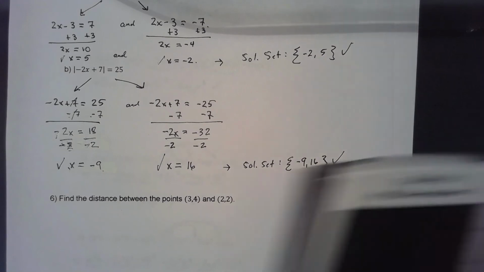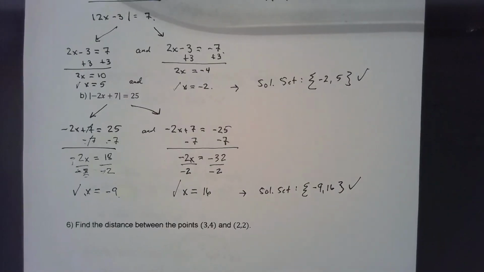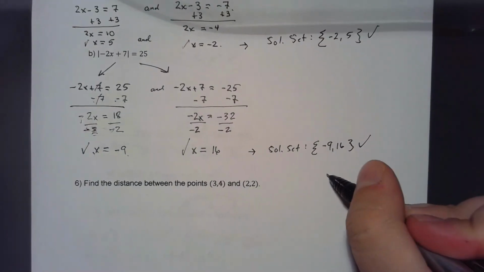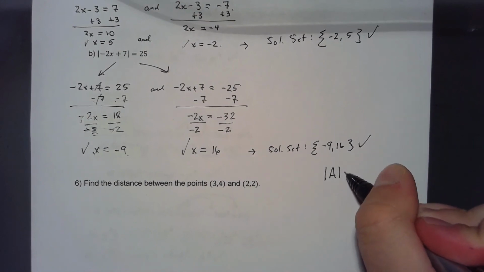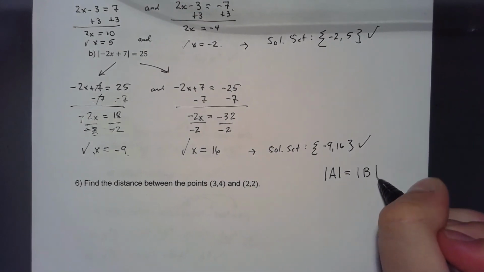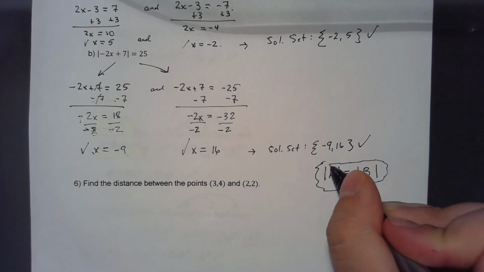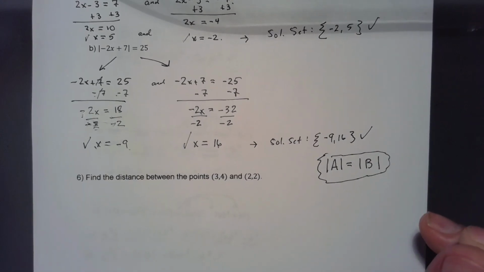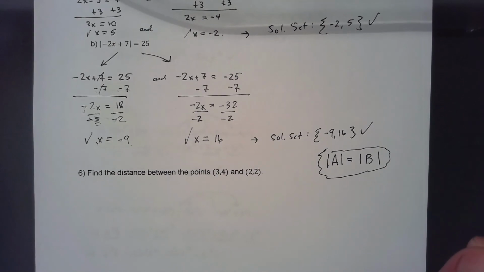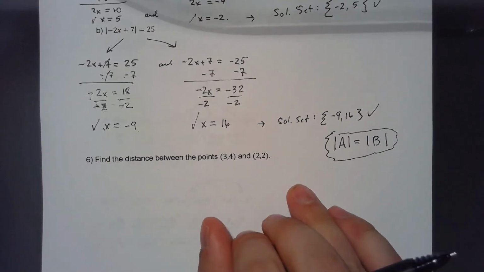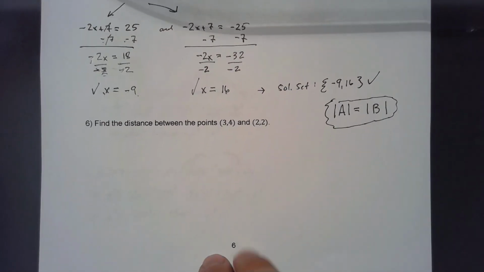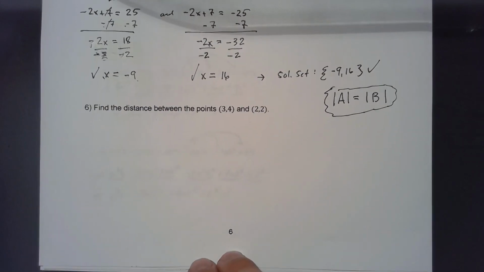Now, just because I don't have a problem like this on here, remember this problem? Something like this, the absolute value of A equals the absolute value of B. I could have something like that on your test. Just because I don't put it here doesn't mean it won't show up. The same thing goes for this problem.